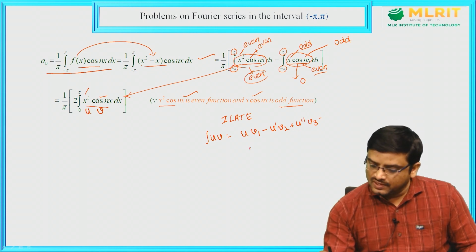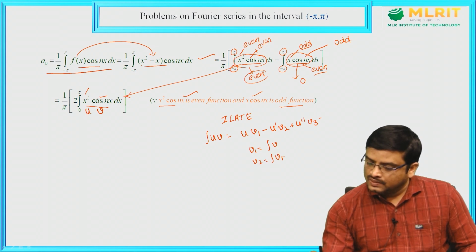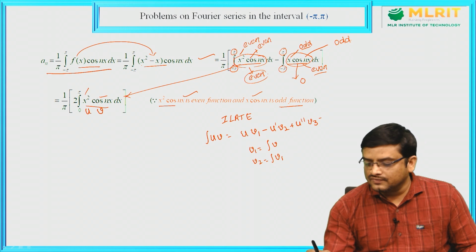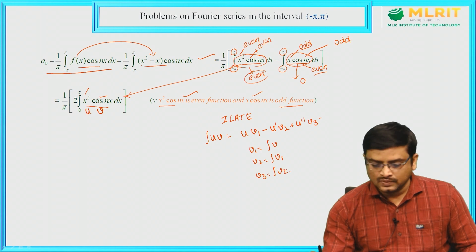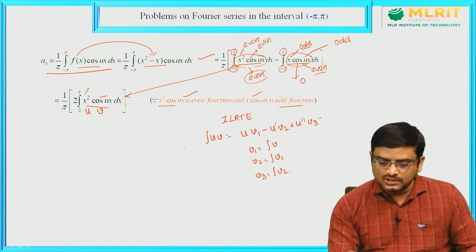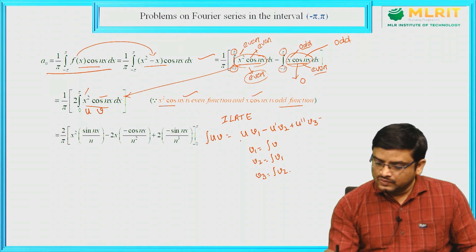Here v1 is the integral of v, v2 is the integral of v1, and v3 is the integral of v2. Apply the same procedure here. So you will get, the first one is u.